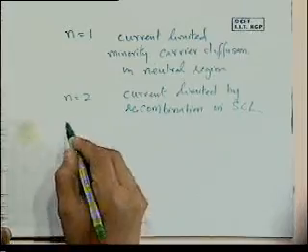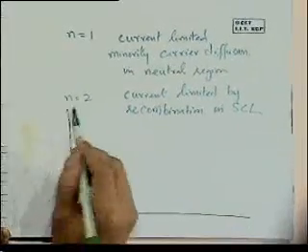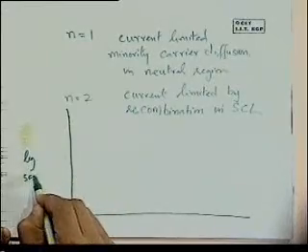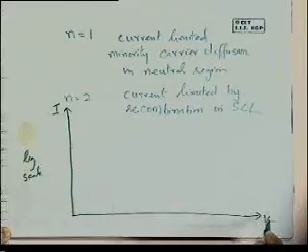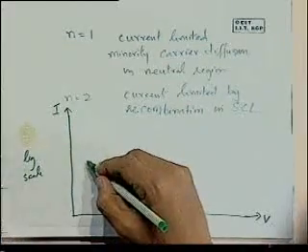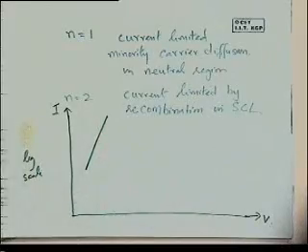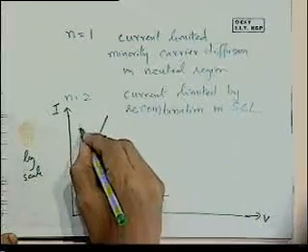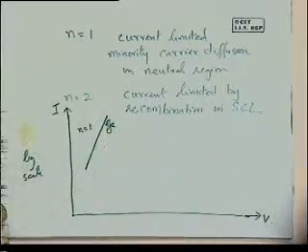So we can make a plot on a log scale. We have here the current. So log I versus V, if we plot. For germanium, for example, we will see something like this on a log scale, where N is equal to 1. Okay?